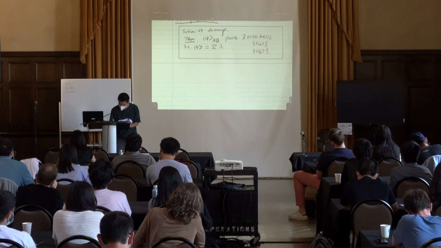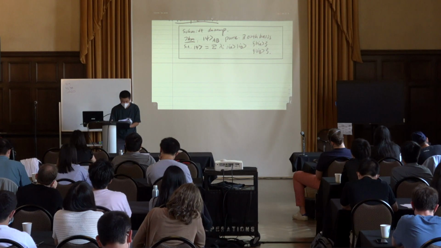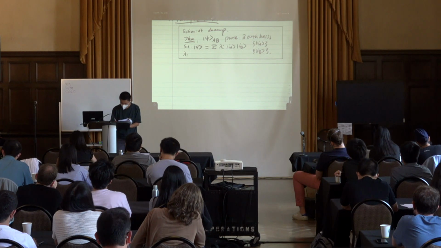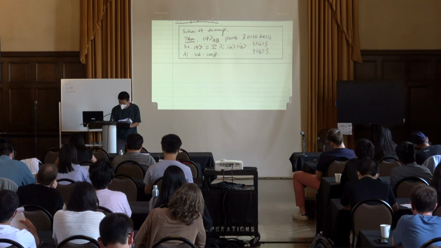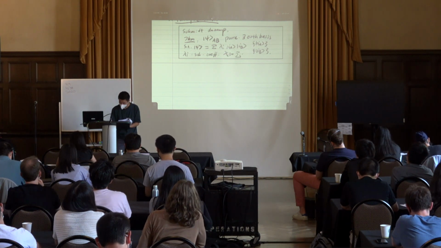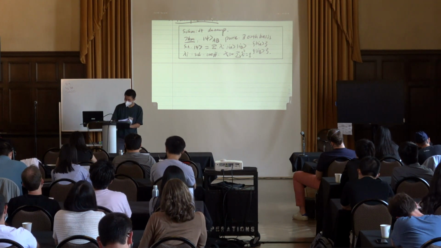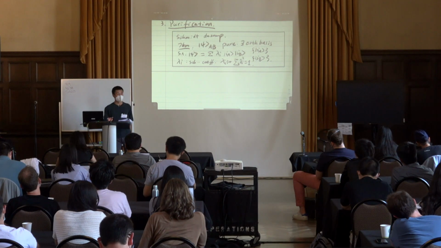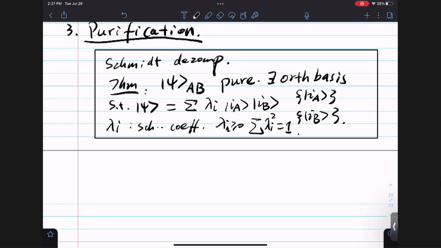It's a summation over lambda_i |i_A>|i_B>. These lambda_i's are called the Schmidt coefficients, and they're non-negative and, sorry, their squares sum to 1. So this is Schmidt decomposition. It's just a fact from linear algebra, and it's true for any bipartite pure state.